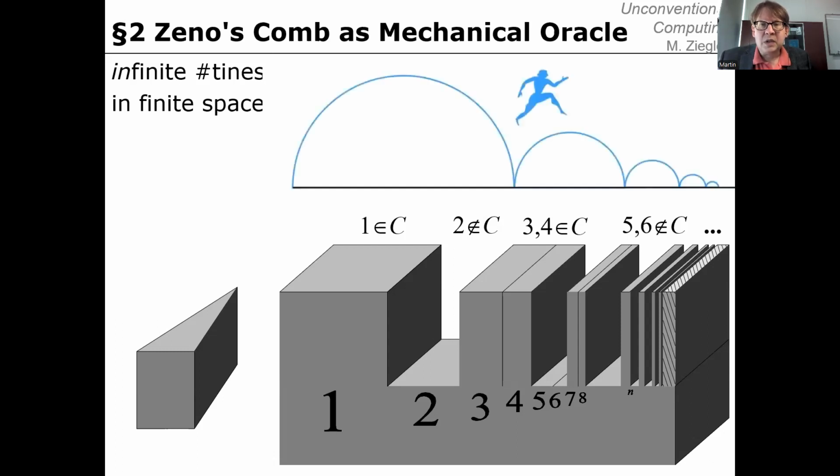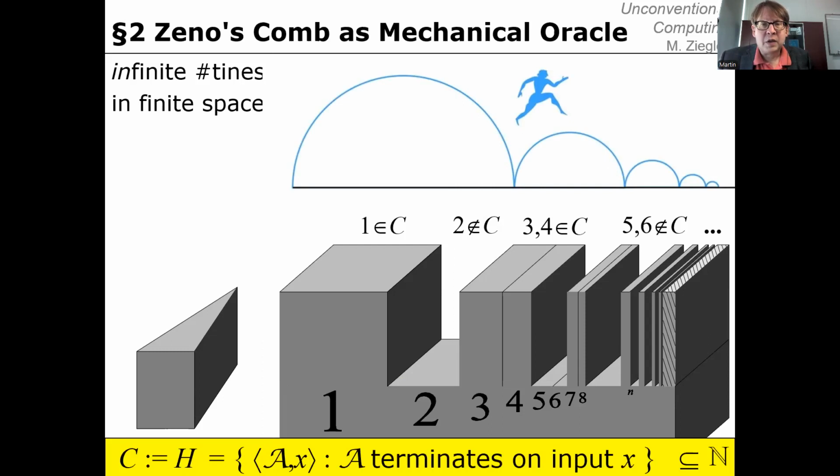This is like Zeno making infinitely many attempts at surpassing the tortoise, but each attempt becomes shorter and shorter, so that finally, within finite time, Zeno, Achilles actually surpasses the tortoise.